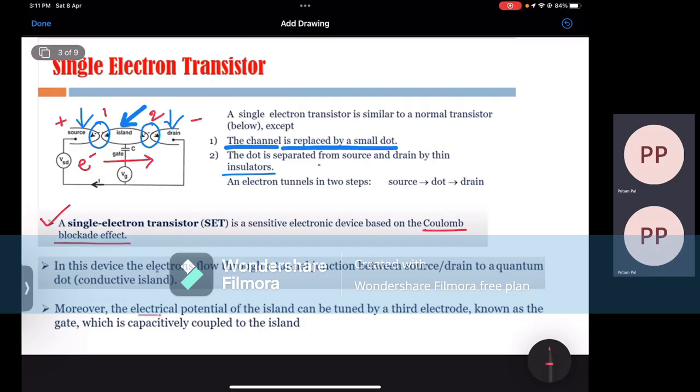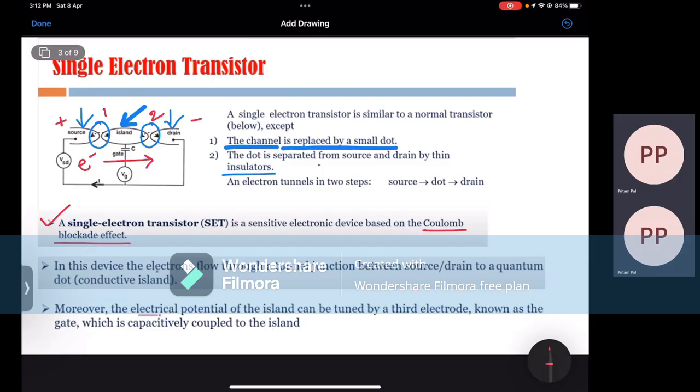So here also a barrier exists, and that is the tunneling barrier, and it has an electrical potential. If an electron wants to cross from the source to the island, it must cross the potential barrier.